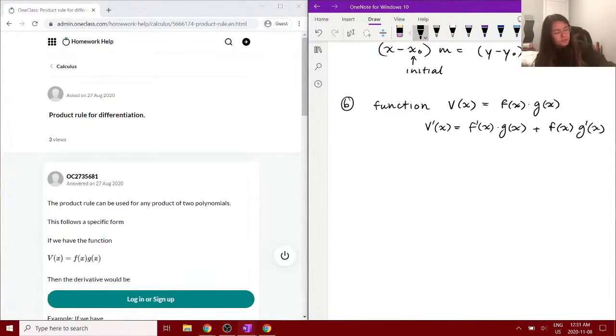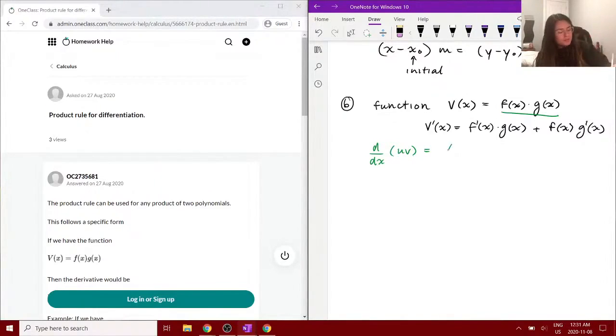You might have also seen this product rule shown in a different way. This is the way that I've seen it before. Usually it's written as u times v. So if we want to take the derivative of two functions that are multiplying each other, just like we said up above, in this case, instead of f of x and g of x, it's just u and v. I'll go in the same order that I did above.